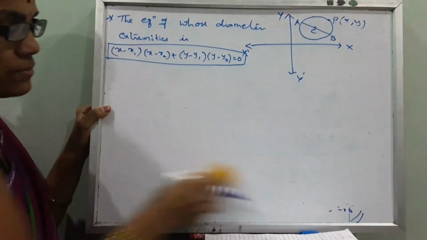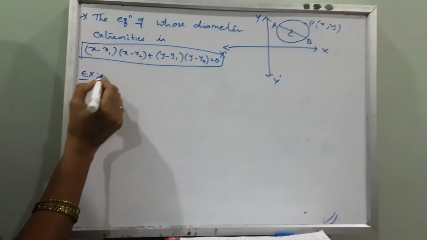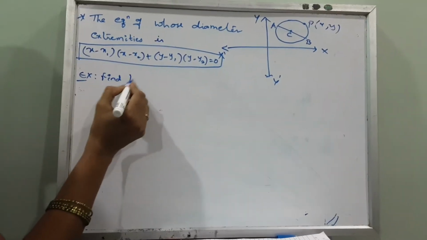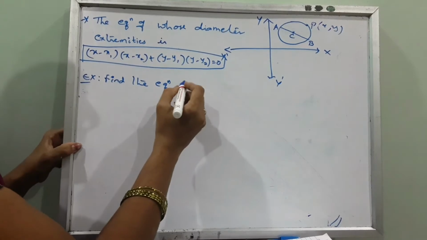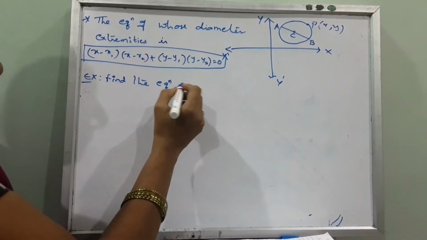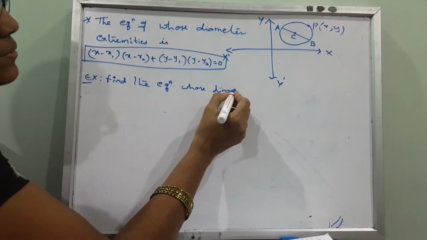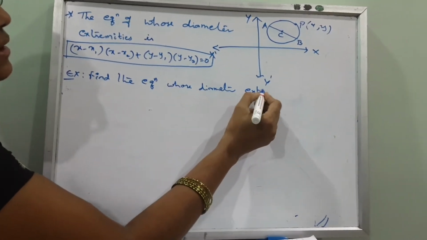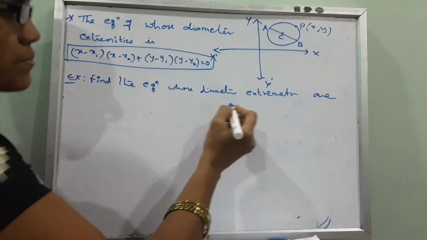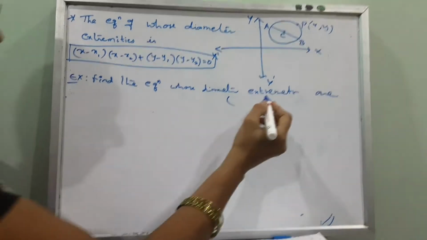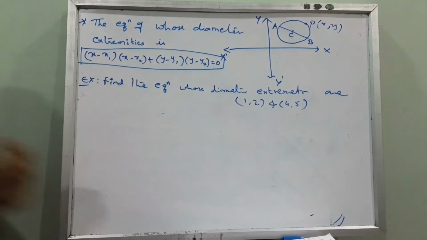For example, find the equation of the circle whose diameter extremities are 1, 2 and 4, 5.